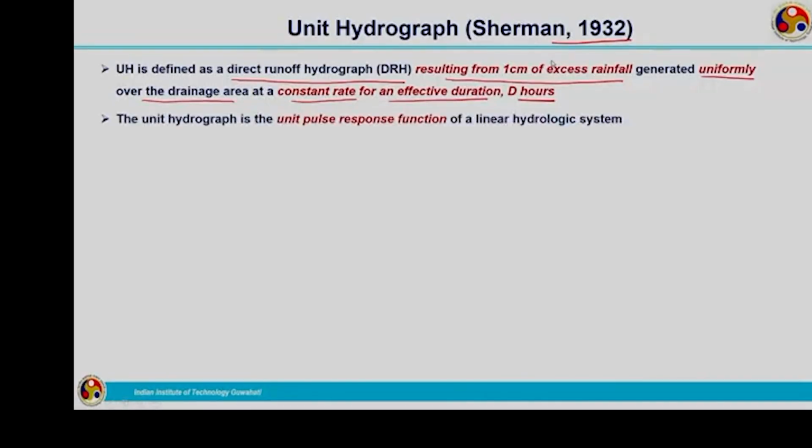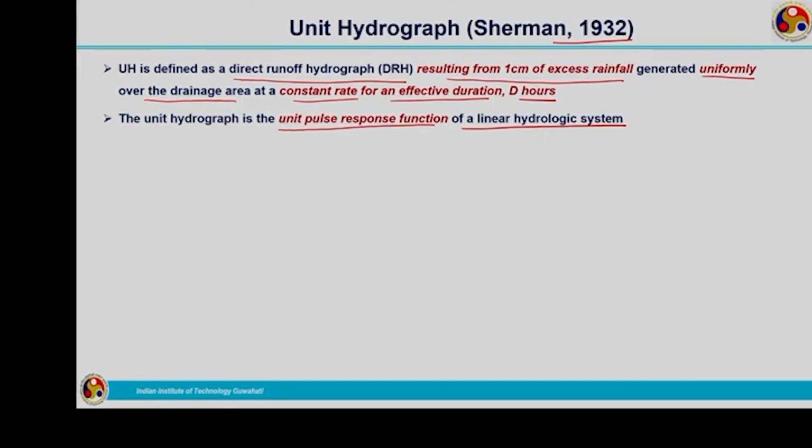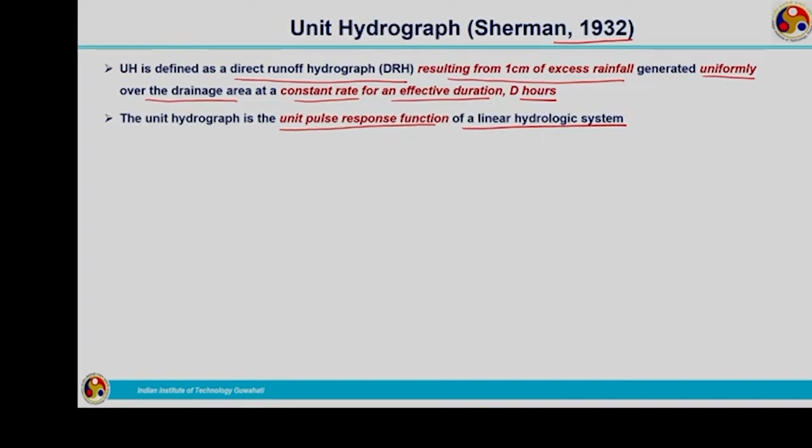So, this unit hydrograph is the unit pulse response function of a linear hydrologic system.